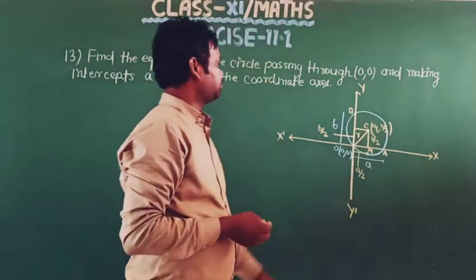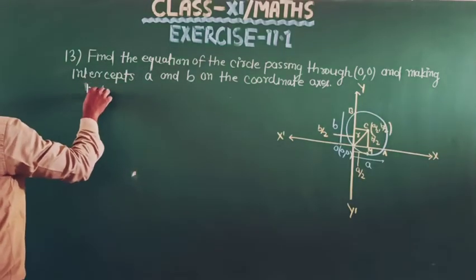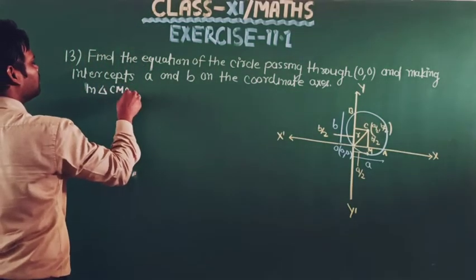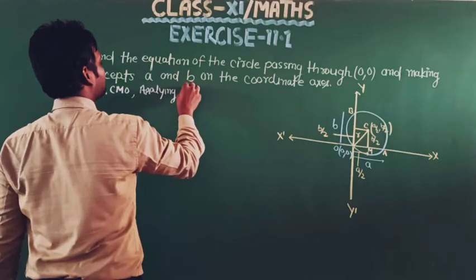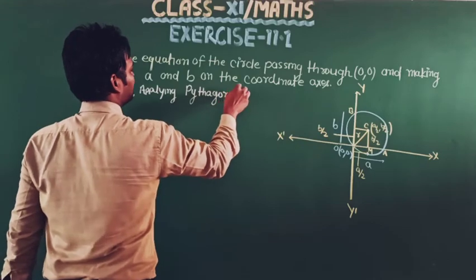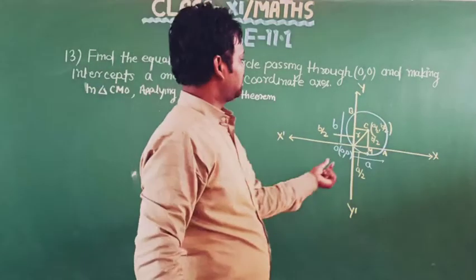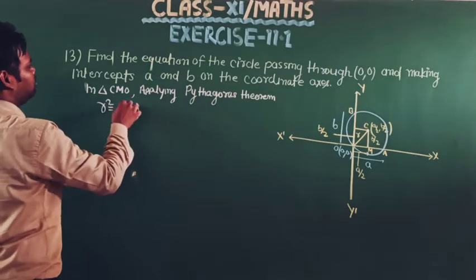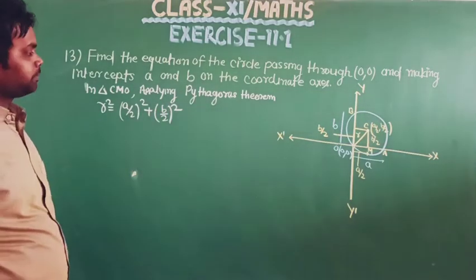So by Pythagoras theorem, in triangle CMO, r square equals A by 2 whole square plus B by 2 whole square.